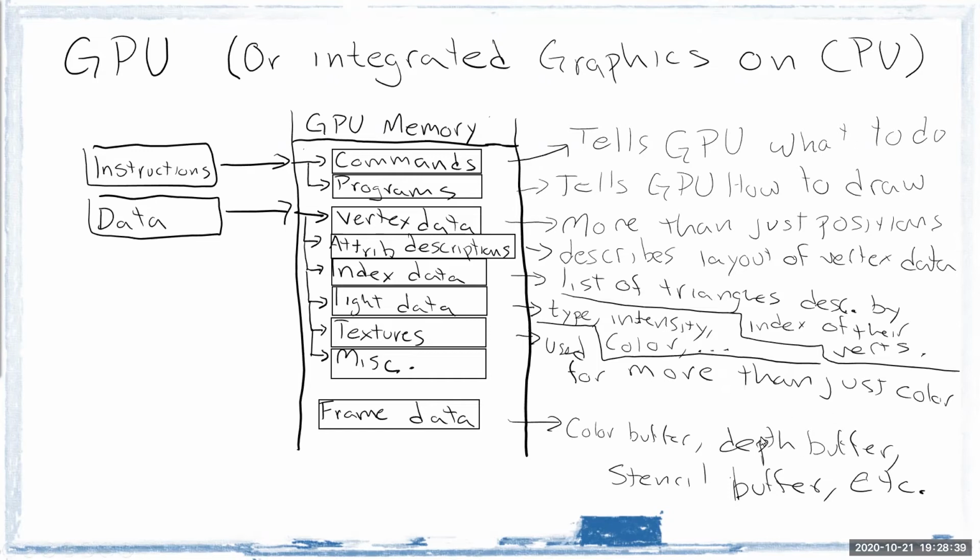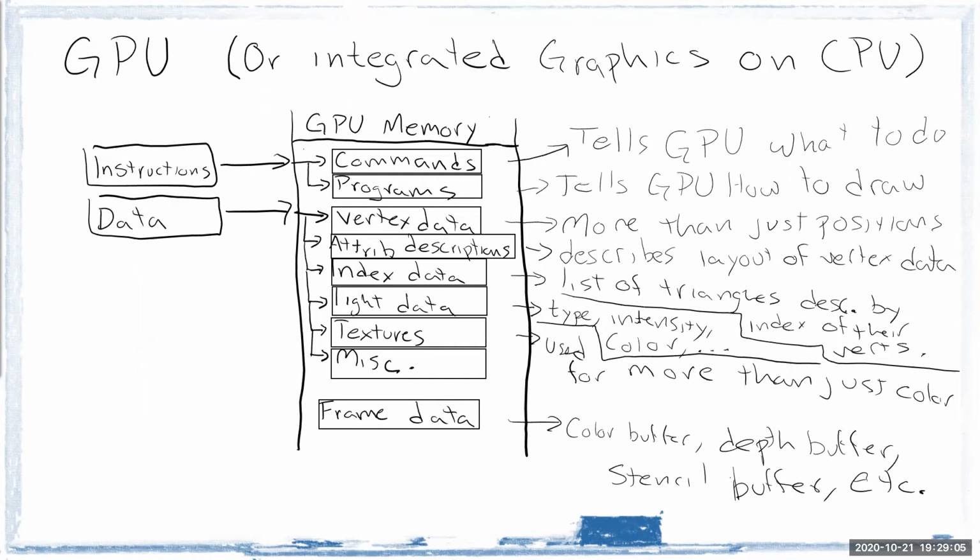The depth buffer is similar to the color buffer in that it's the same size as our screen, but each pixel instead describes the depth of the object that pixel is getting its color from.